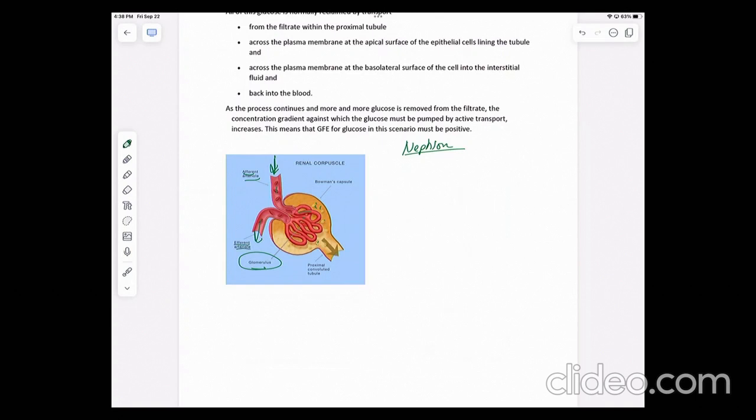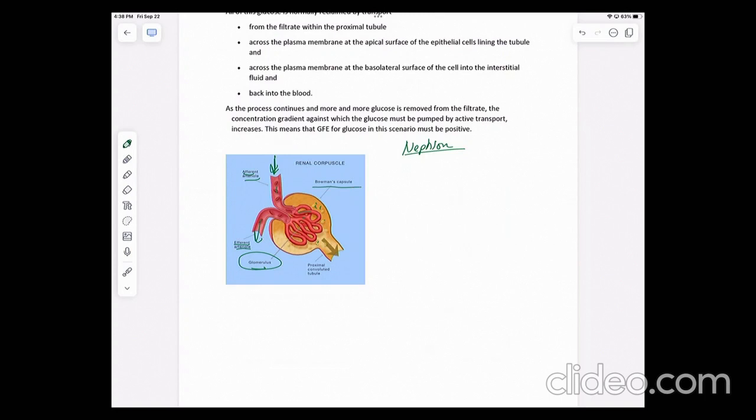One of the things that's very special about that capillary is that it's a pretty high pressure system. Because it's a high pressure system, it is literally squeezing out a portion of the plasma, pushing it out of the capillary. This little cup here is ready to receive the content being squeezed out, and it is called a Bowman's capsule.